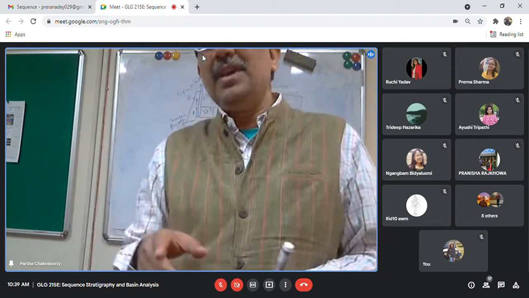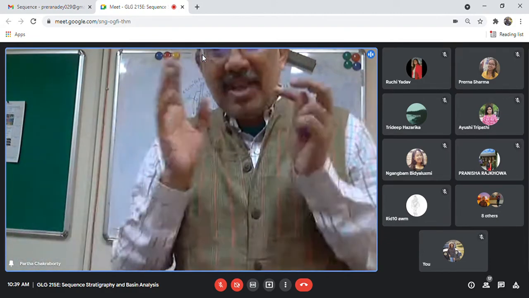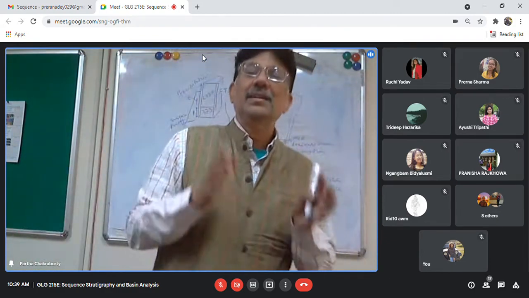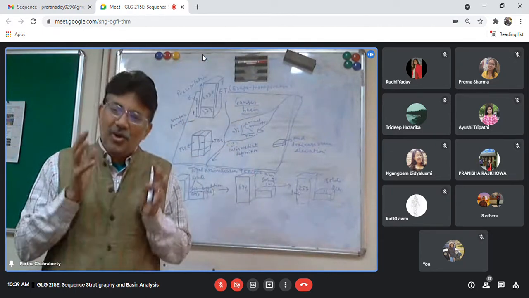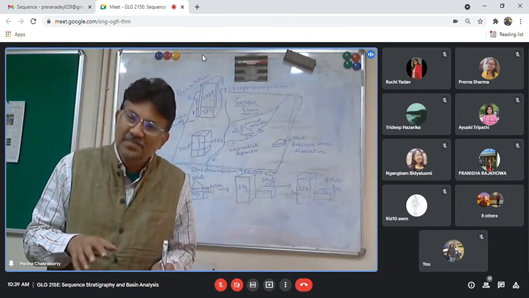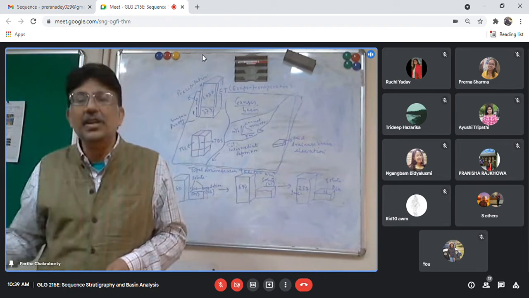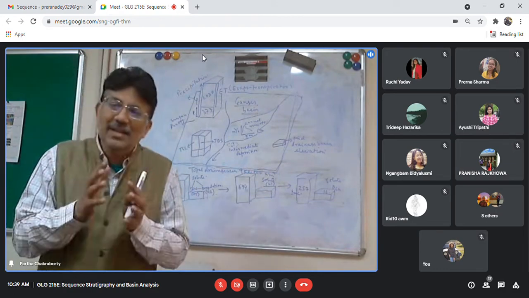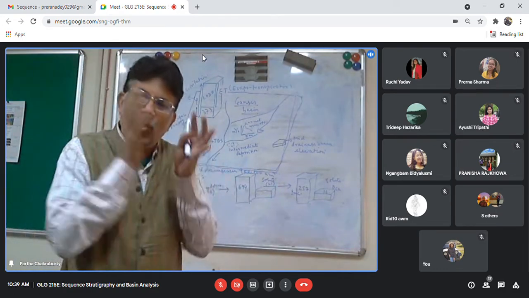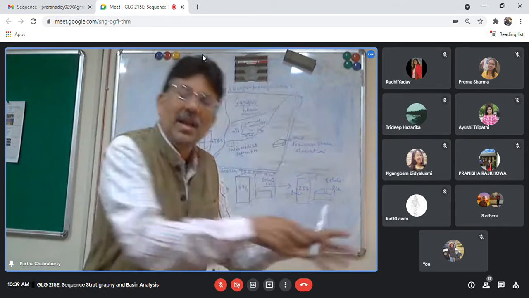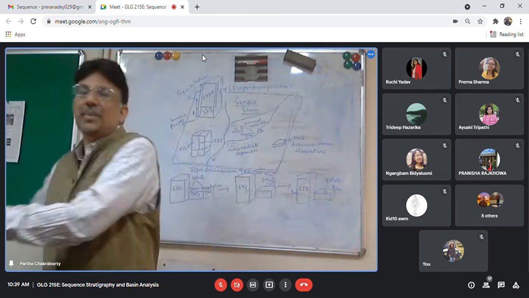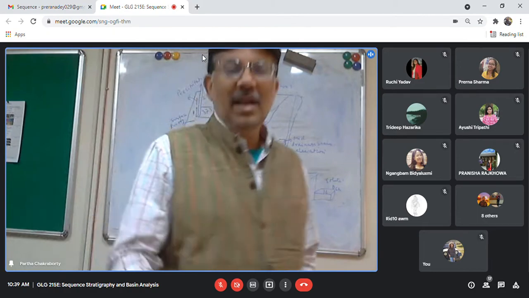So this diagram shows what controls the net denudation, and on reaching the main basin, the difference between what is originally released and what finally reaches the basin. Am I clear?